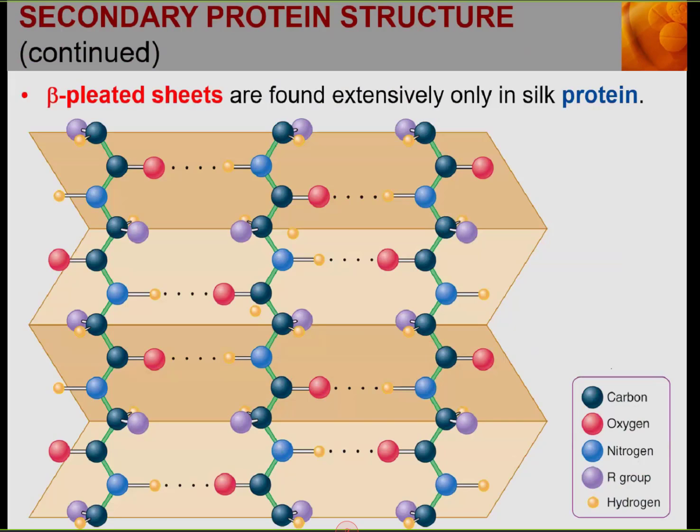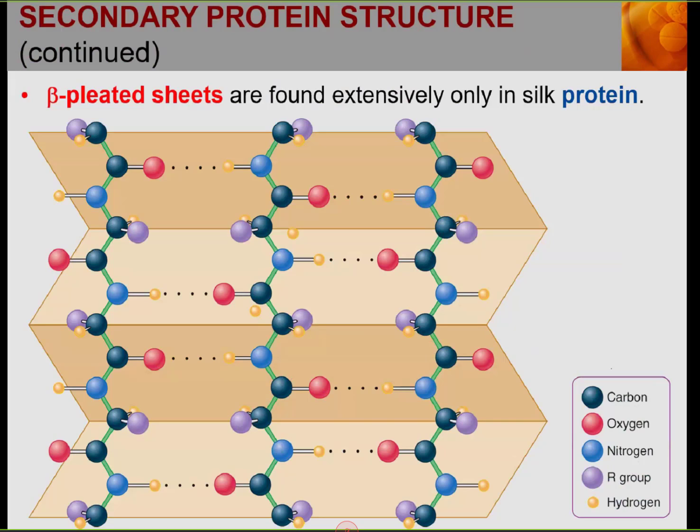The big ball is the oxygen, and the little ball is the hydrogen. And you see the dots indicating the hydrogen bonding. That's what keeps the alpha helix and beta pleated sheets in the form that they're in. So that's the secondary structure of a protein.